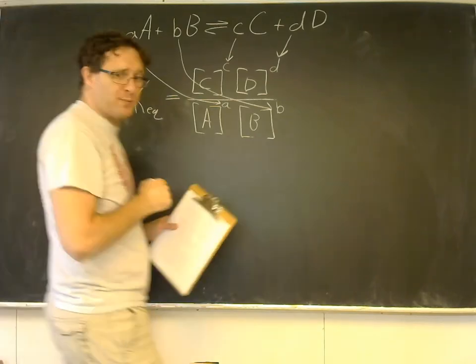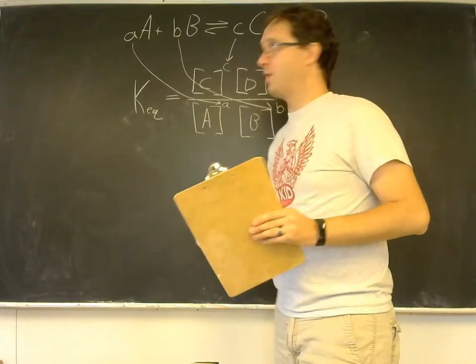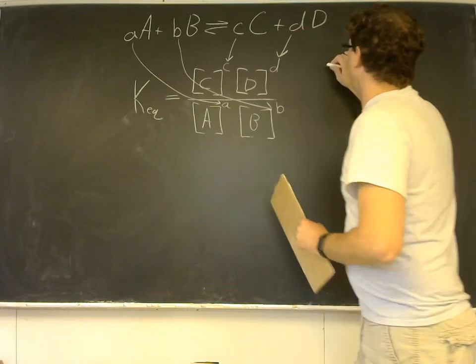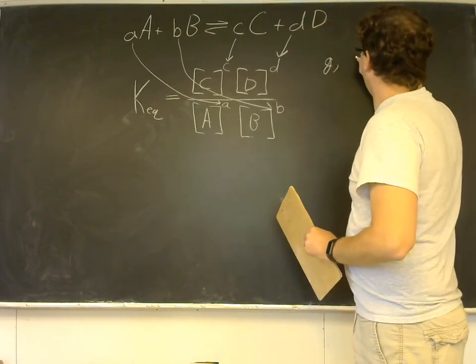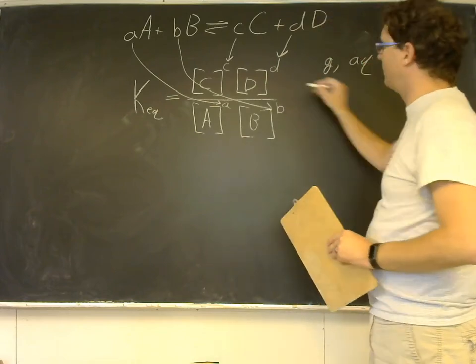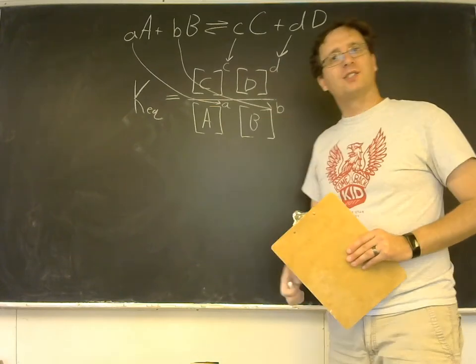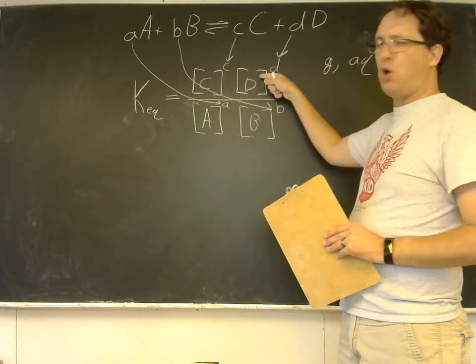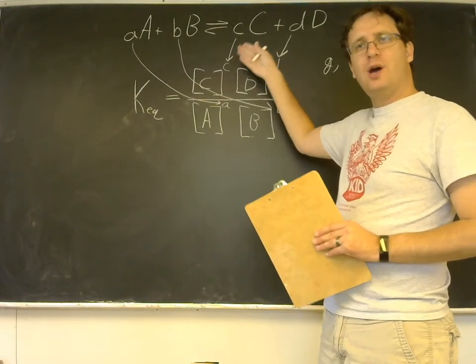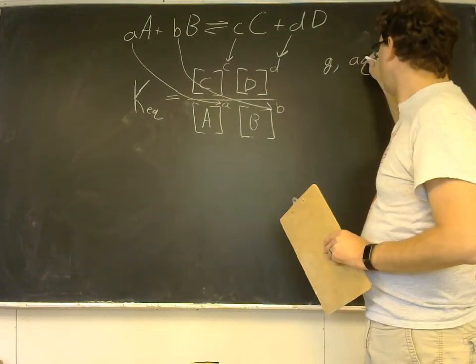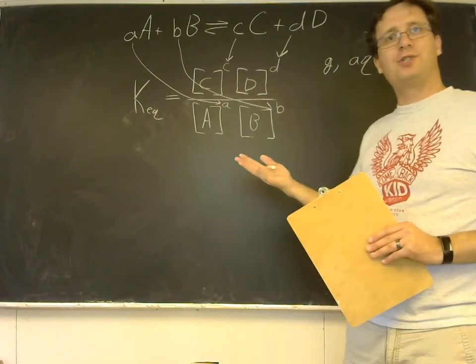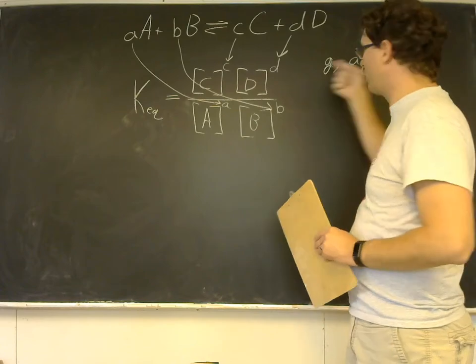Now there's one more important little thing here. A gas or an aqueous solution will have a concentration here. Molar concentration, moles per liter. For aqueous solutions, we're very used to dealing with what the molar concentration is.